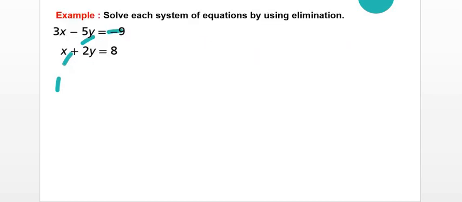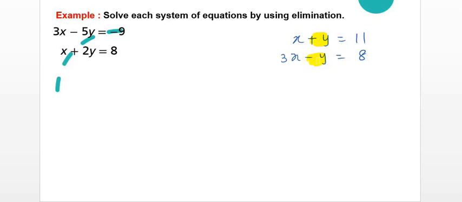Let me show you with the help of an example. If you look at this system of equations, these two linear equations, there is no variable that can directly be eliminated. For example, if you have x plus y equals 11, and then you have, let's say, 3x minus y equals 8. Now clearly you can see that in this pair of linear equations, this y and negative y can be directly eliminated.